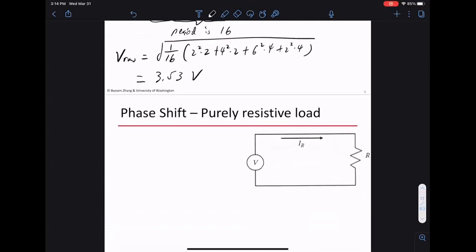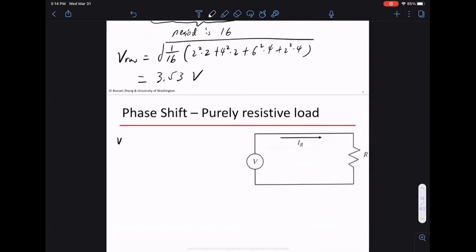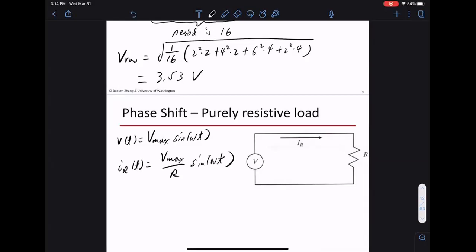If you have a resistive circuit, and V(t) is Vmax sine omega t, then the current through this circuit is Vmax over R sine omega t. This is expected.